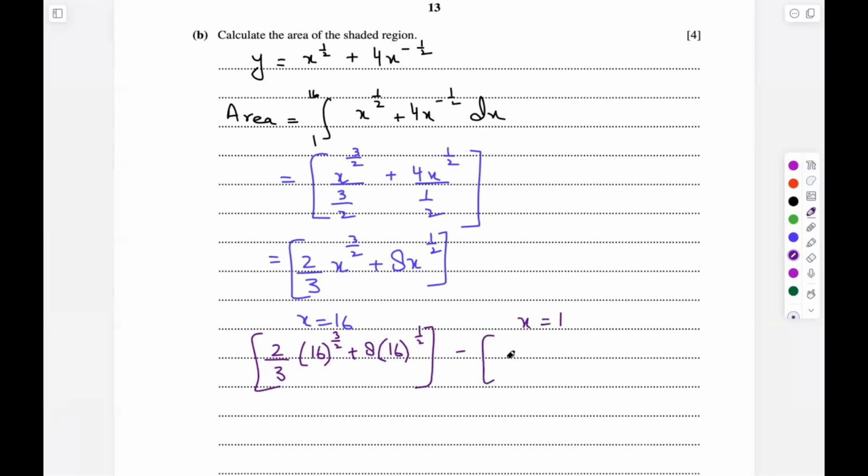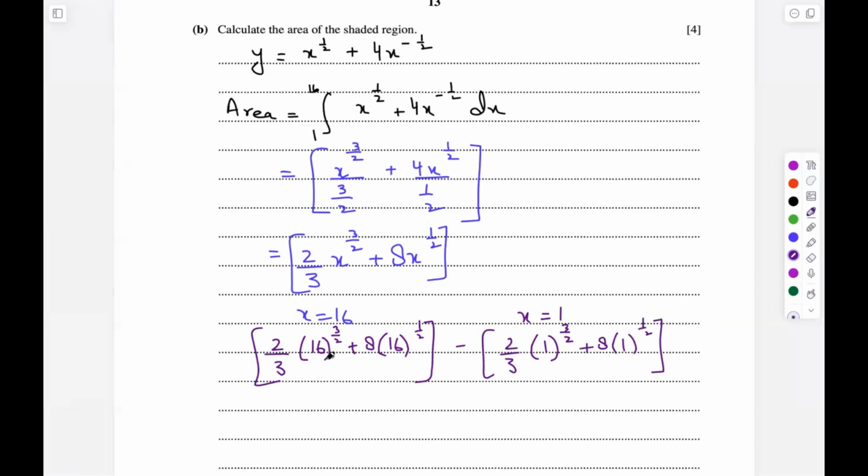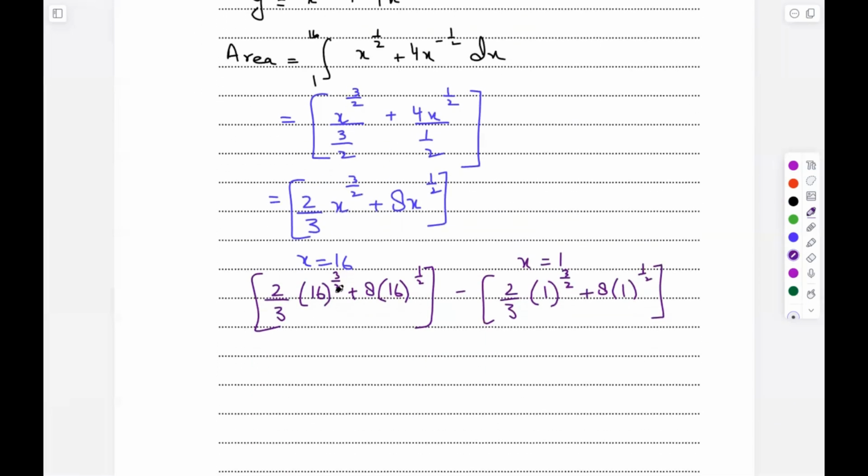So this will be 2 upon 3 into 1 to the power 3 upon 2 plus 8 into 1 to the power 1 upon 2. So square root of 16 is 4 and 4 cubed is 64. So 64 times 2 will become 128. So this will be 128 upon 3 plus 8 times square root of 16, which is 4, so that will be 32. And we'll have to subtract it from 2 upon 3 plus 8.